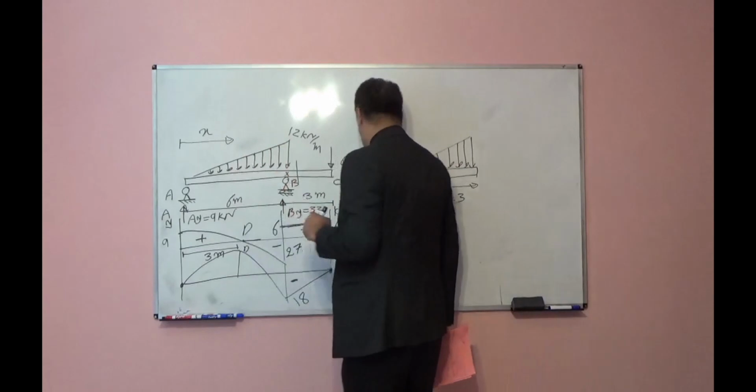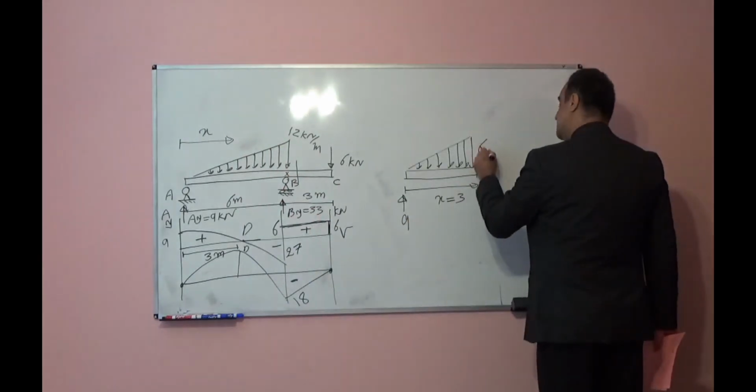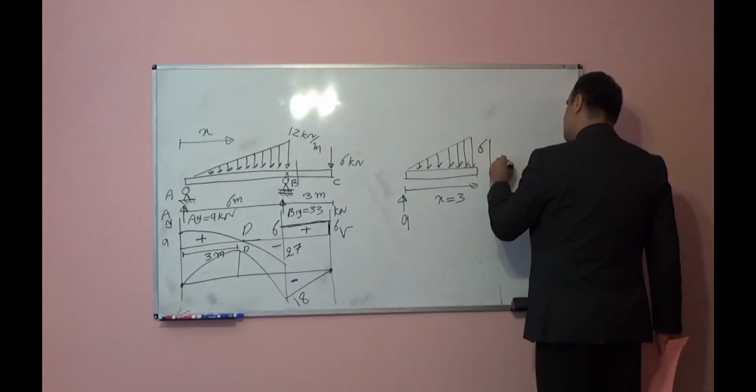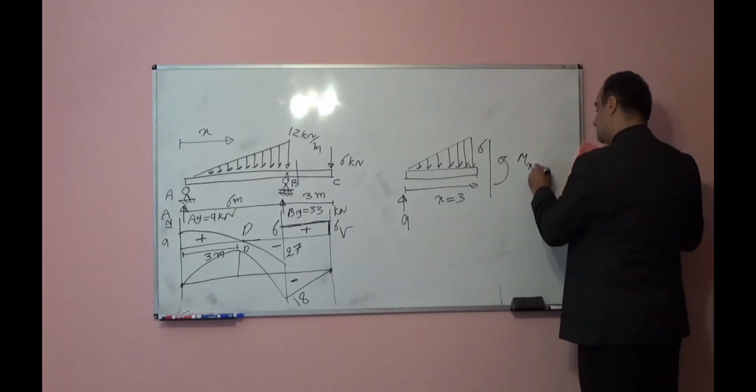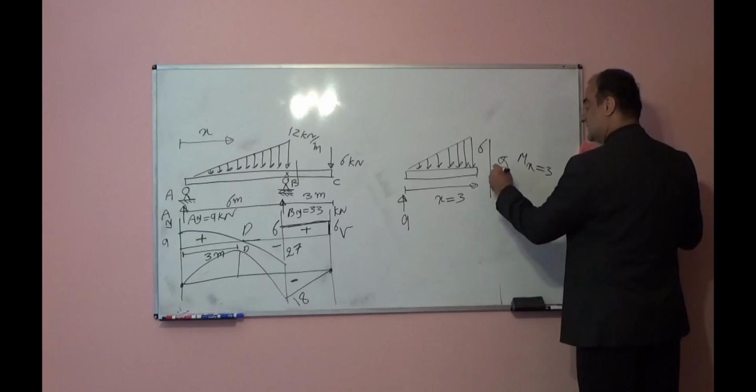If this is 12, that height should be 6. And what is the bending moment here at x equal to 3? What is the internal bending moment?